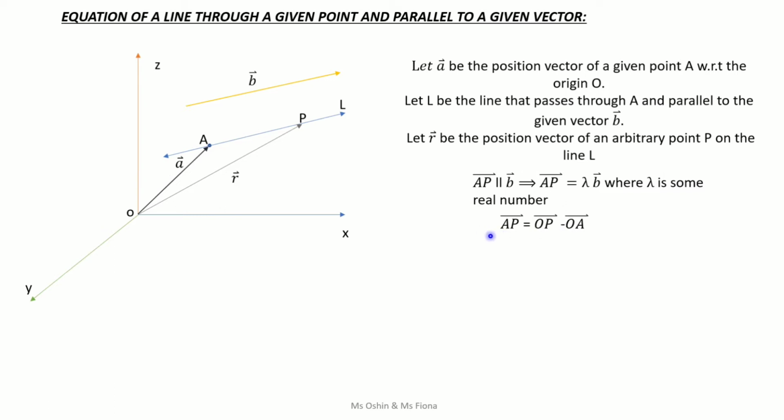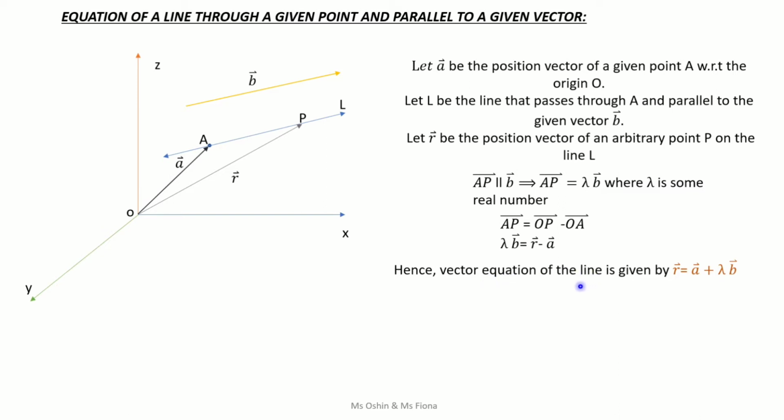Substituting all the information that we know, AP vector is lambda times B vector, OP vector is R vector, and OA vector is A vector. So we get lambda times vector B is equal to vector R minus vector A. Rearranging, we get vector R is equal to vector A plus lambda times vector B. And this is called the vector equation of the line.